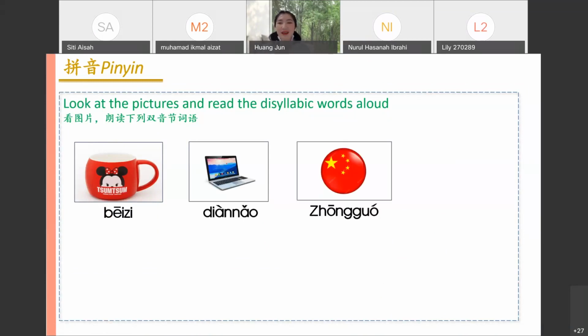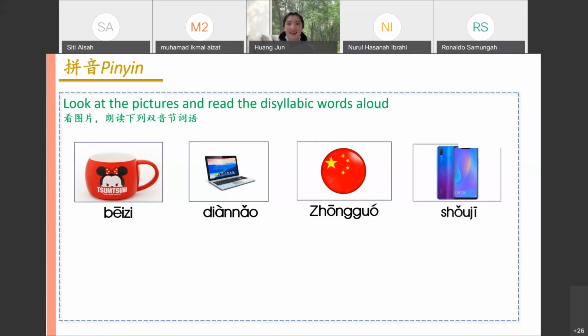Then about my country, 中国. 中国. Shouji, 手机. Interesting, right?